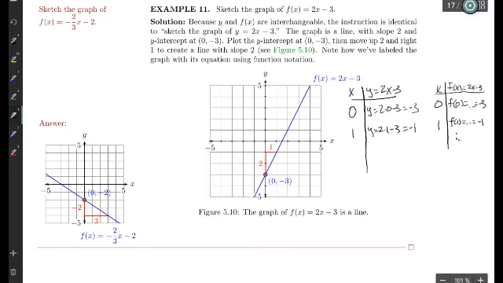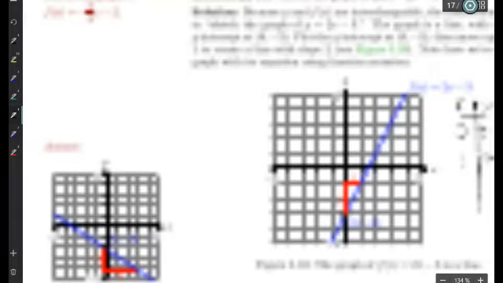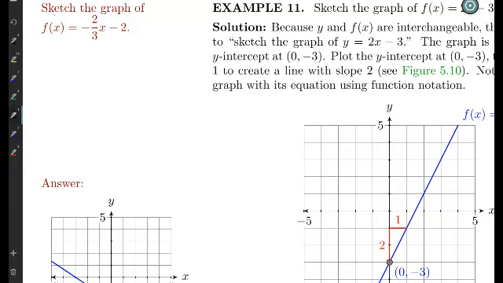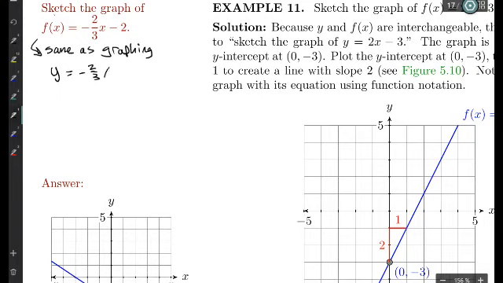So sketch the graph of f of x equals -2/3 x minus 2. Well, that's the same as graphing the linear equation y equals -2/3 x minus 2.